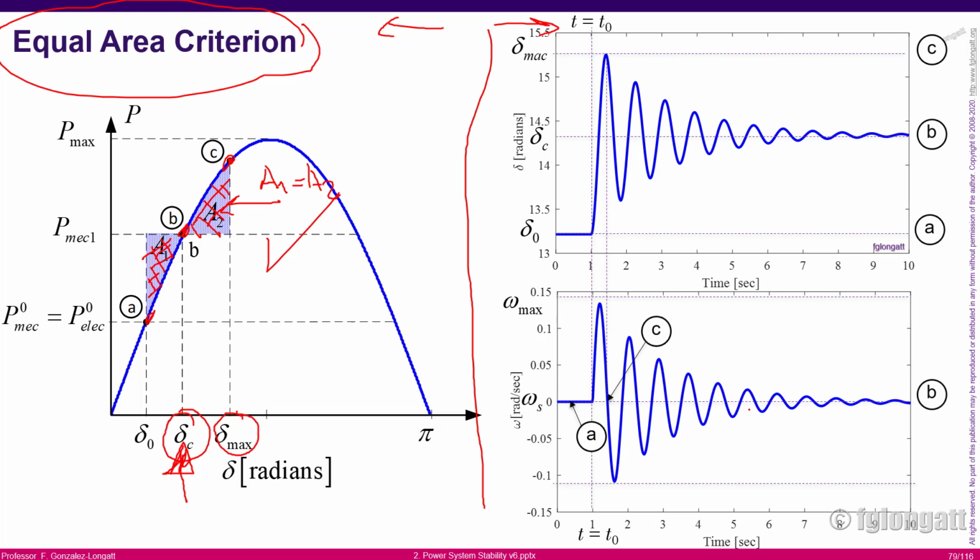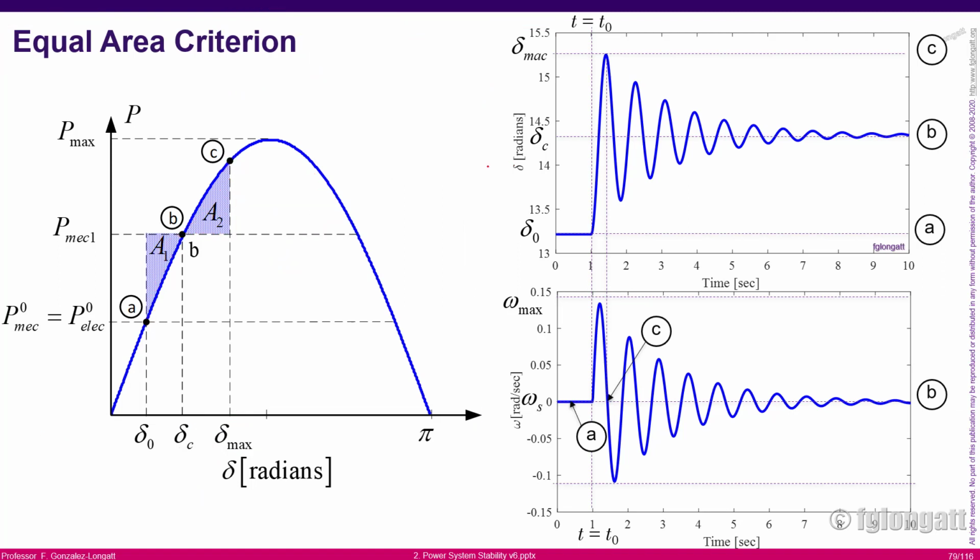You don't need to do what I plot here on the right hand side. On the right hand side, I plot the response of the system. In this case, this is the power angle, and here the rotor speed, okay? But I plot this because I would like to show my students the practical side, okay? If you are using power system software, you will get these oscillations, and you will see there is an initial steady state, there is a final steady state, and there is a maximum oscillation, okay?